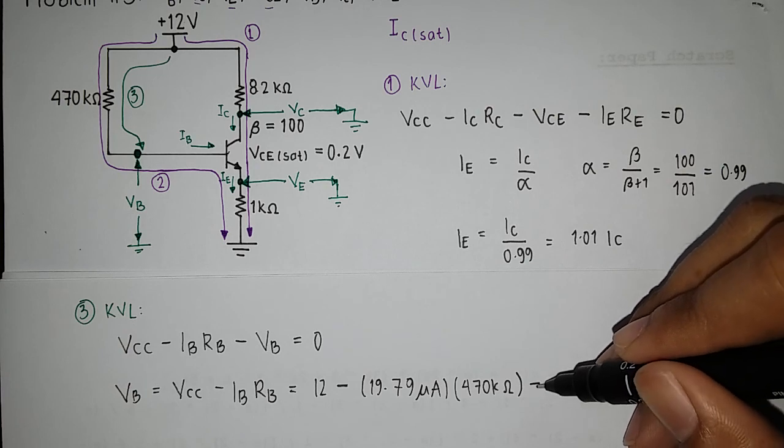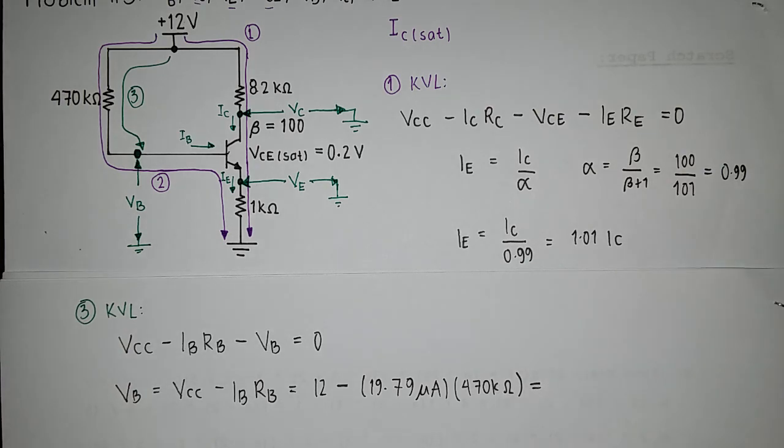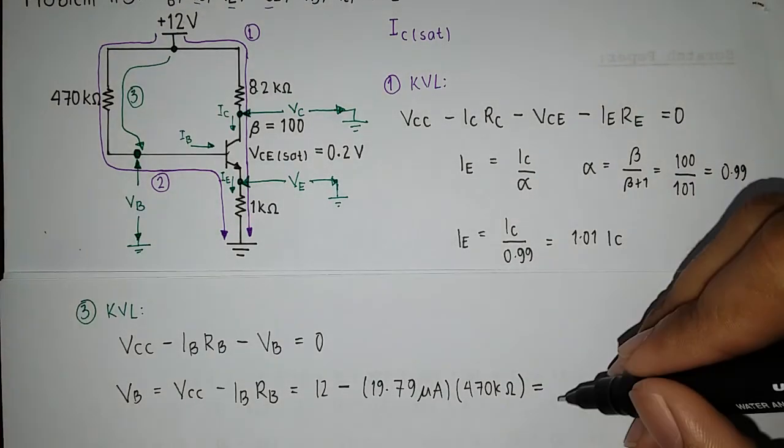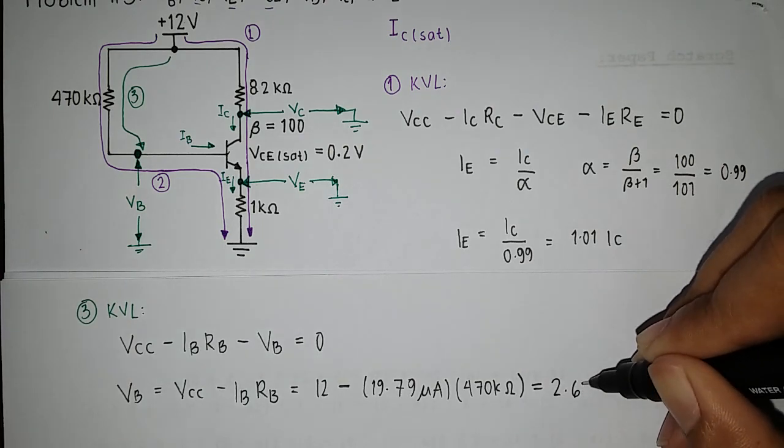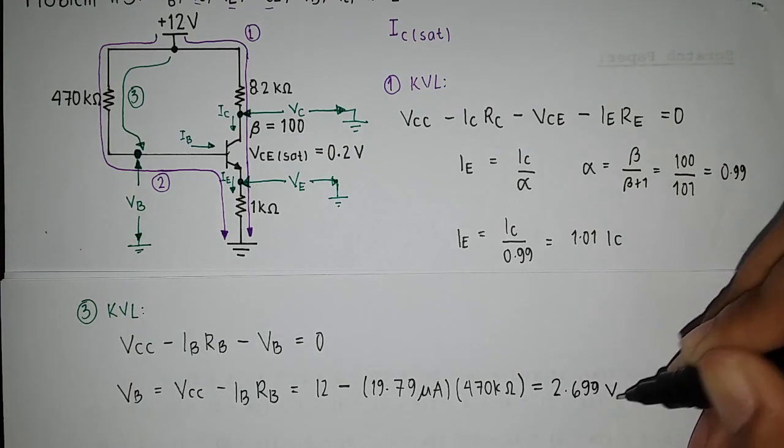Makukuha natin ang value ng base voltage is equal to 2.699 volts.